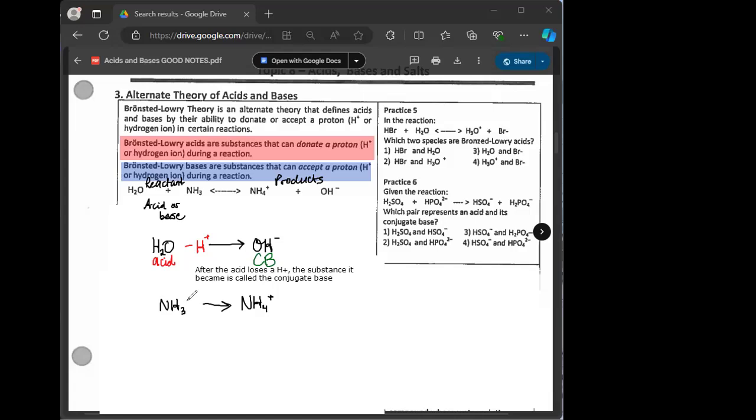So it must have gained a hydrogen because it went from 3 hydrogens to 4.